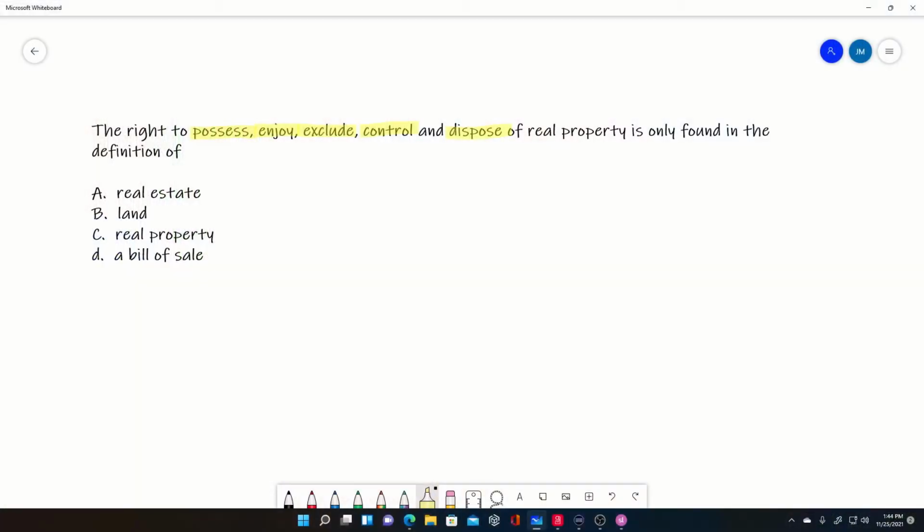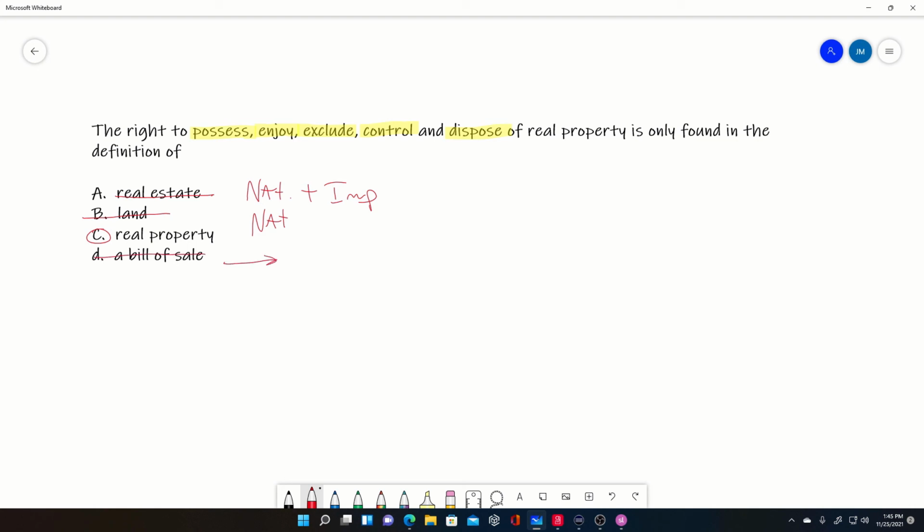The right to possess, dispose, exclude. Well, is that the definition of real estate? I don't think so, is it? Because the definition of real estate is natural plus improvements. Is it the definition of land? No, I don't think so, because that is just the natural items. What about real property? Well, let's read on. What about a bill of sale?